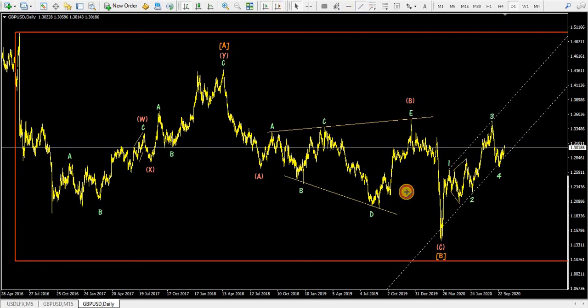What I'm going to do to try and forecast this is my third wave extended quite nicely over here, 1, 2, 3, 4, 5. And now I'm going to say that, okay, if my third wave is the extension, then my wave 5 should have the same velocity as my wave 1. And there it will just peak outside of the channel that we've drawn in there.